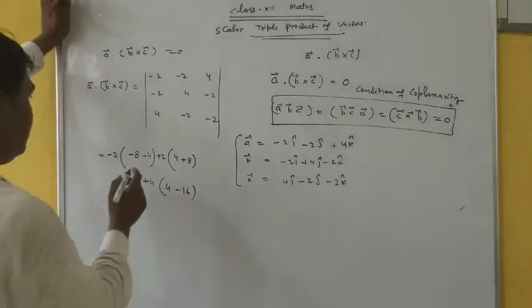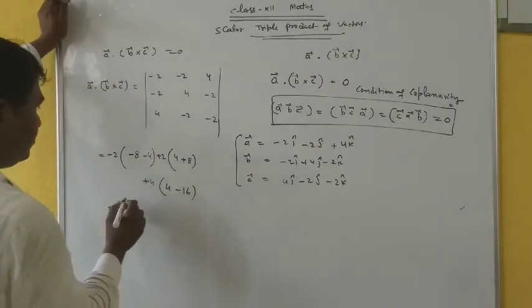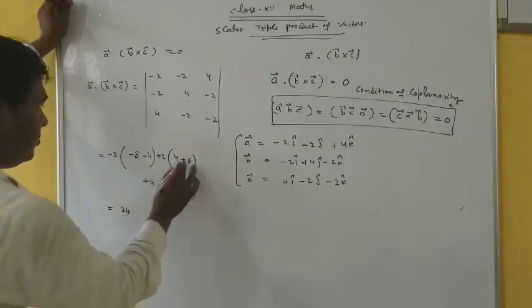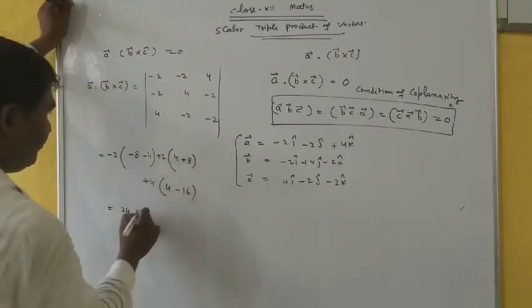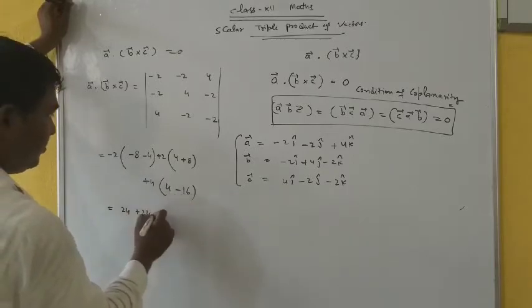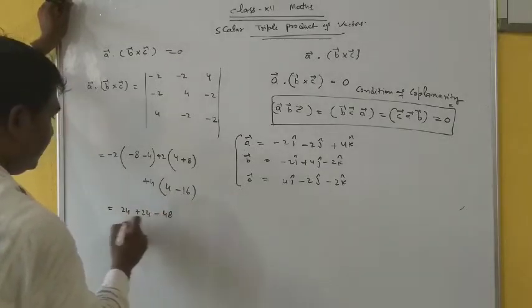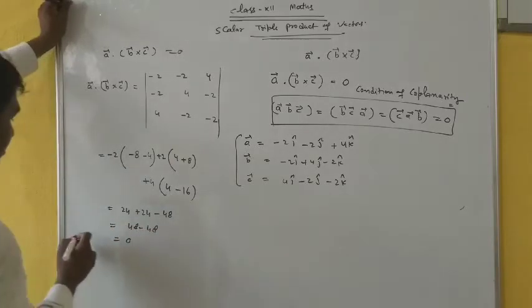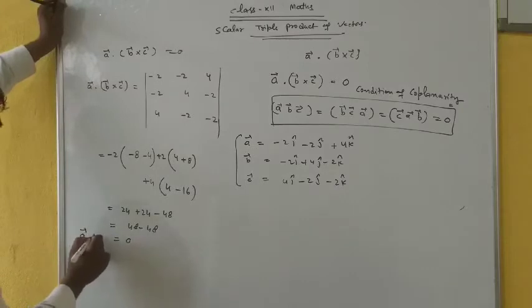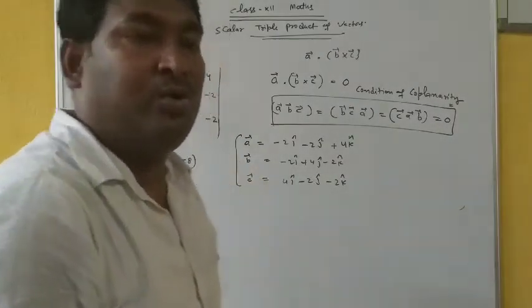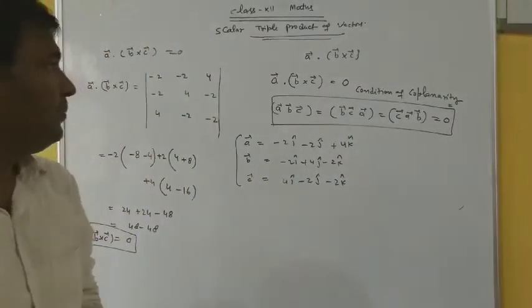Let's see what is its value. Minus 12 and minus minus plus 24, plus 24. Here minus 12 minus 48. So here 48 minus 48, you are getting 0. Since the value of A dot B cross C you are getting is 0, that's why these three vectors are coplanar.